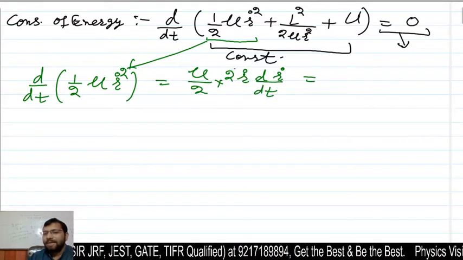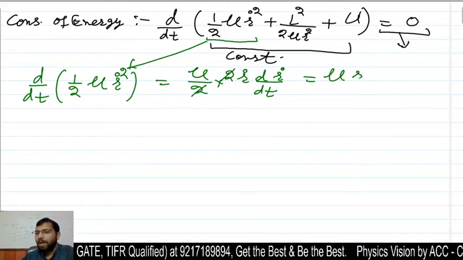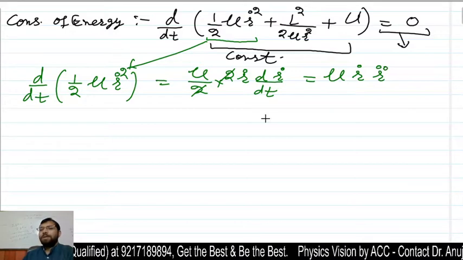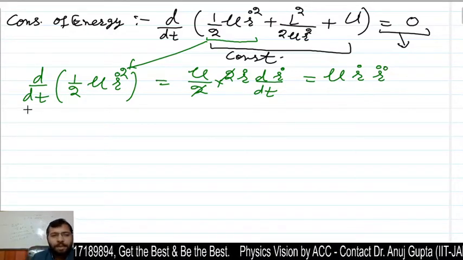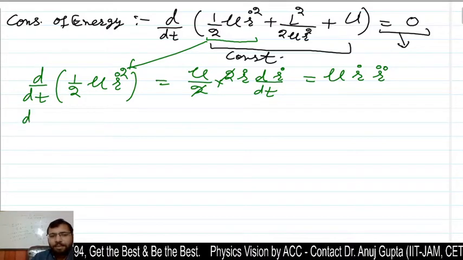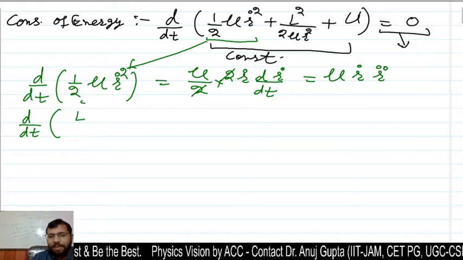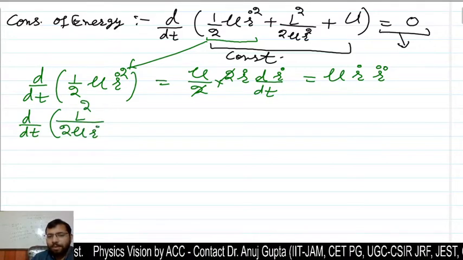2 से 2 कट जाएगा और कितना आ जाएगा? mu r dot, and derivative of r dot is r double dot. This is our first expression. Okay, now see the second one. Second is L square by 2 mu r square.